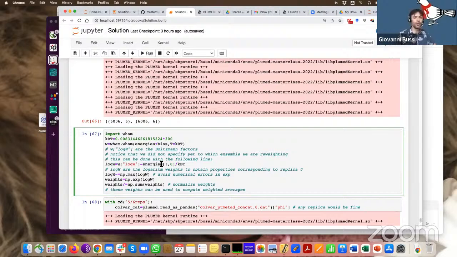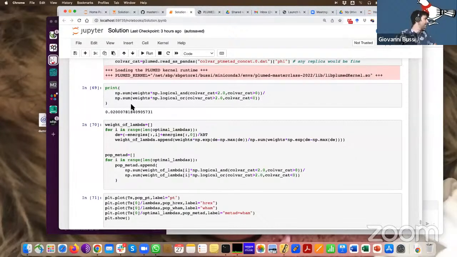If I imagine doing this with a single replica, this returns something like the weight would be e to the plus beta times the bias potential. So here it would return e to the minus beta (energy plus bias). I remove energy, I get e to the plus beta bias. That's the usual way to reweight metadynamics simulations. But here I have the advantage that I'm combining from multiple replicas.